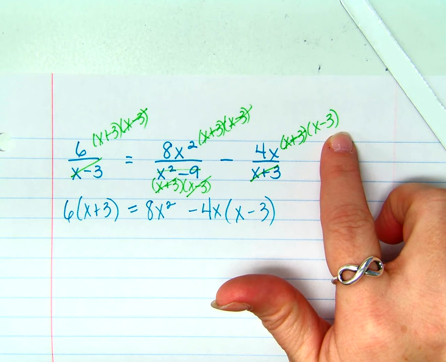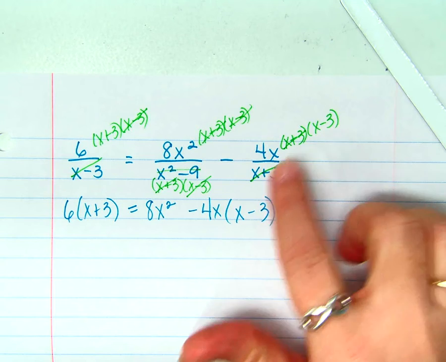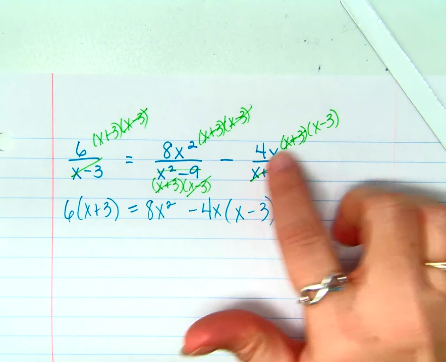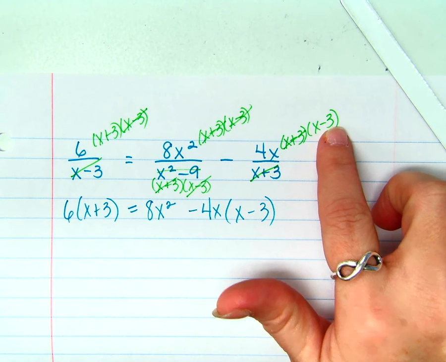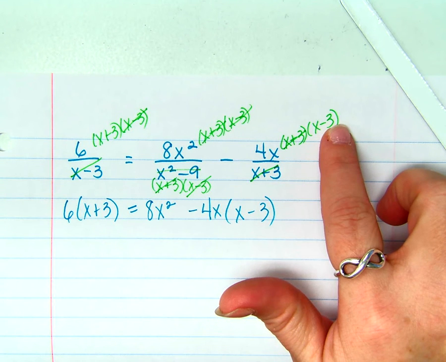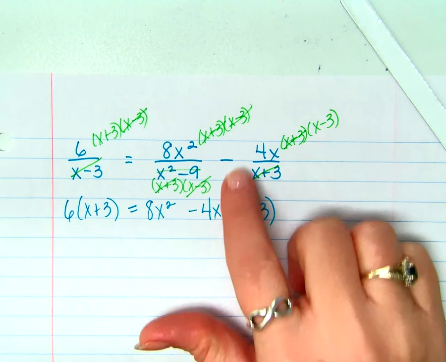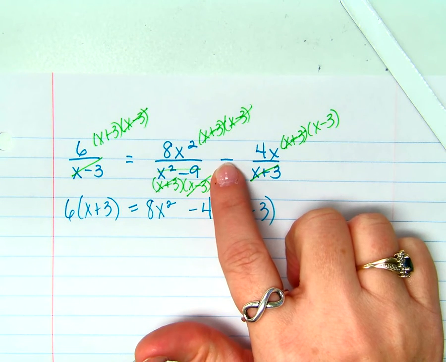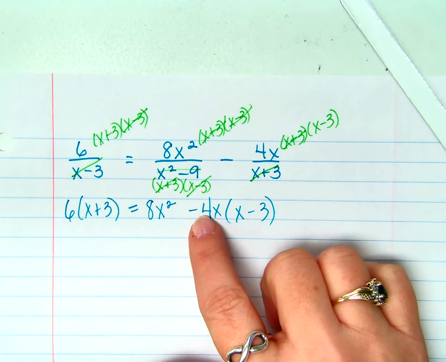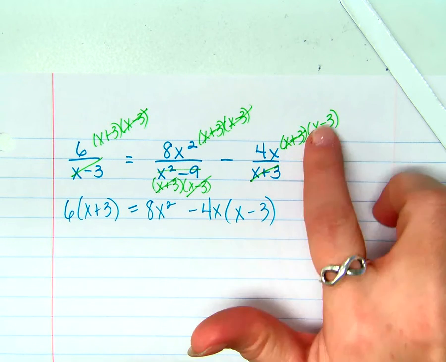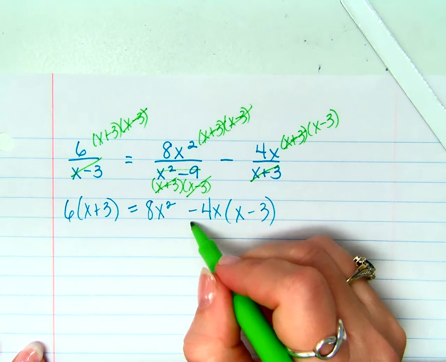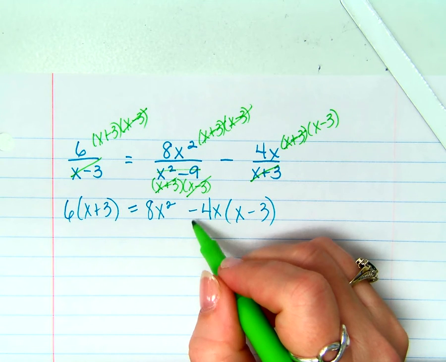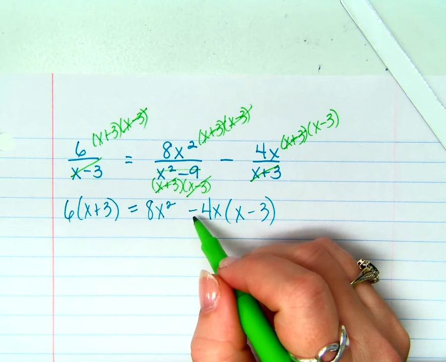Why is that wrong? Why would 4x squared minus 12x be wrong? Yeah, because of that subtraction sign right there. That's why I deliberately wrote the 4x and the factor I'm multiplying it by, because I needed us to remember that we have a subtraction sign right here.